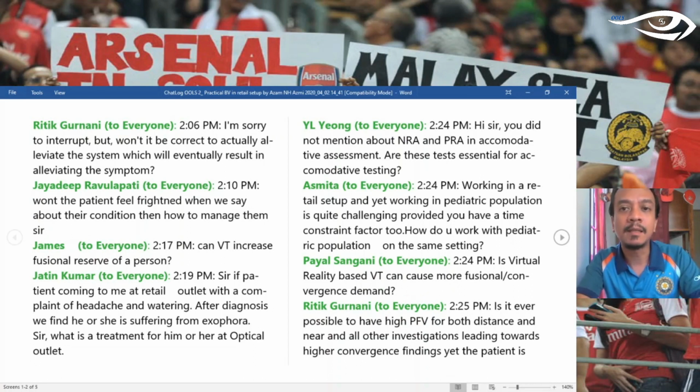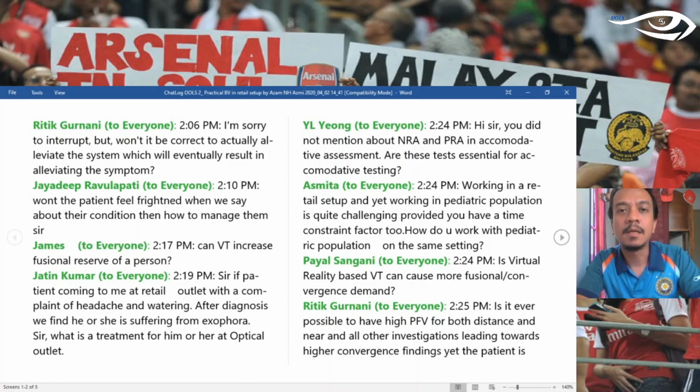So in the retail setup, NRA and PRA testing is a bit redundant because it can be represented by your BAF as well as by your MEM retinoscopy or other dynamic retinoscopy techniques, which will give you similar findings and a similar idea of the state of accommodation as well as the state of the divergence system indirectly.